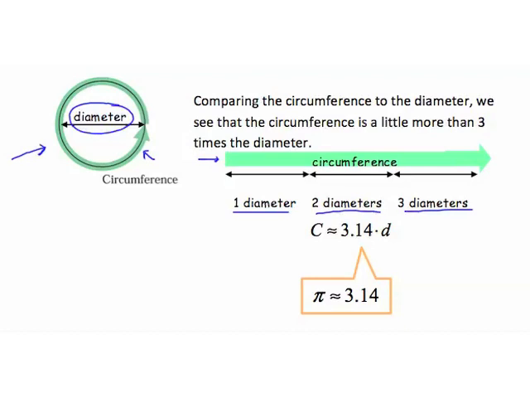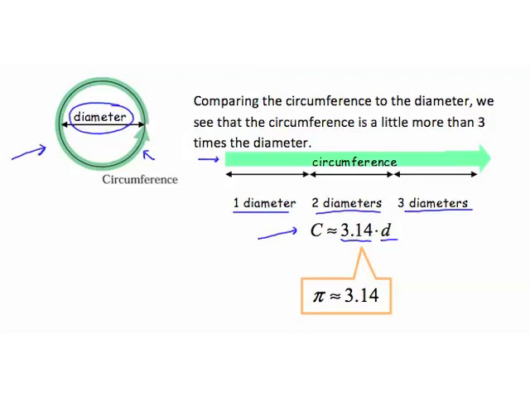And so this 3 times, or a little bit more than 3 times as much, is actually pi. And so when we're calculating the circumference, the circumference of the circle is equal to this 3.14, a little bit more than 3, which is pi, times the diameter of the circle. And that's how we get this formula for the circumference of the circle.